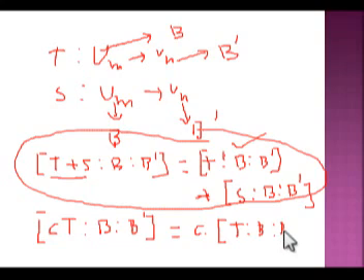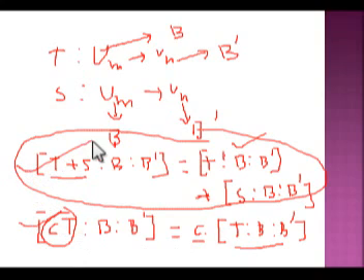You can understand this: if you wish to know C times any linear transformation, you find the relative matrix with respect to the ordered basis and multiply it by the constant C. Then you get C times the linear transformation. So these two properties are very important.